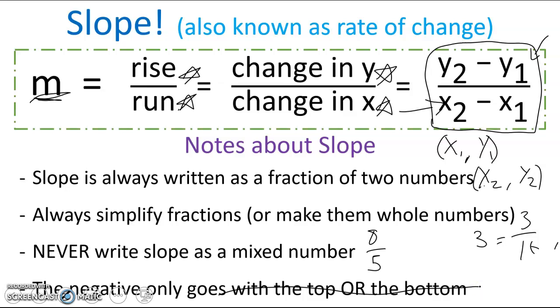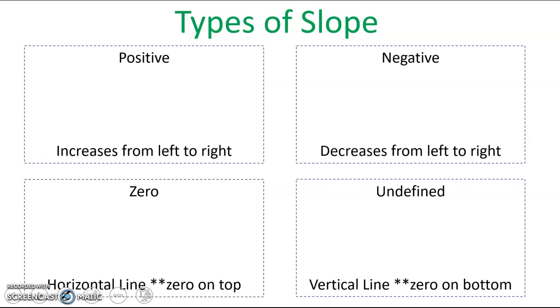Let's just go on to some examples of slope. So there are different types of slope that we're going to be working with. Starting off with the first types, we have our positive slope and our negative slope. Now, we're always looking from left to right when it comes to our slopes. And when we're dealing with positive slope, we have a line.